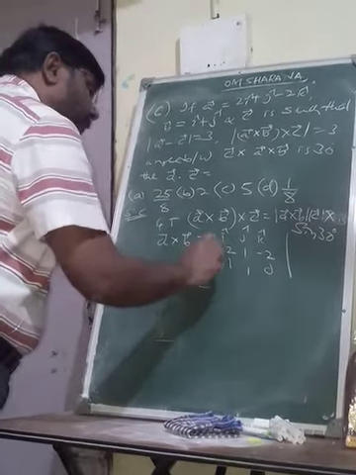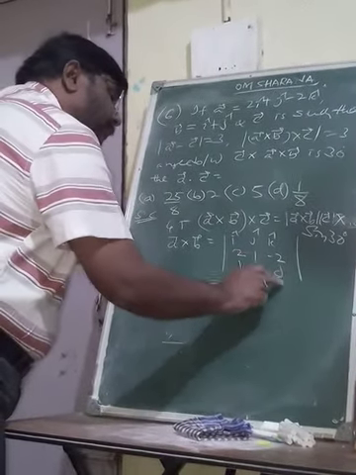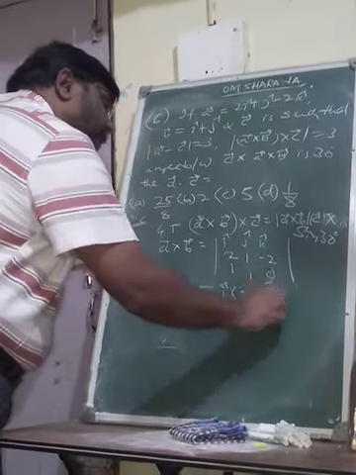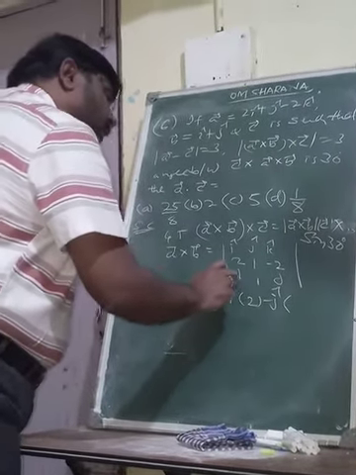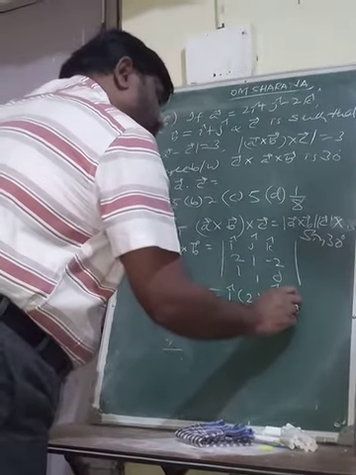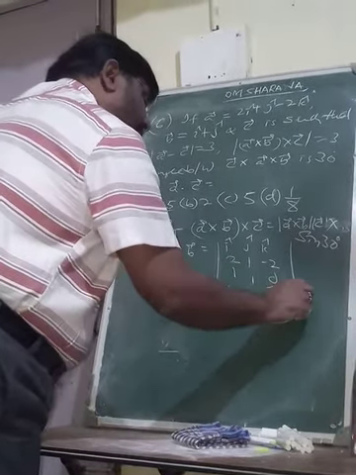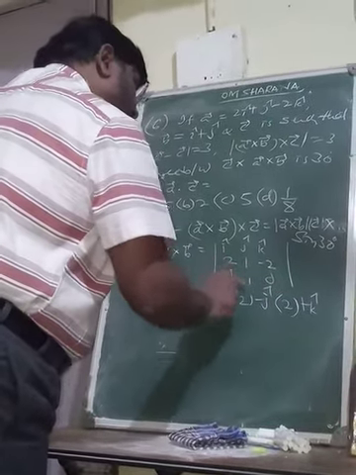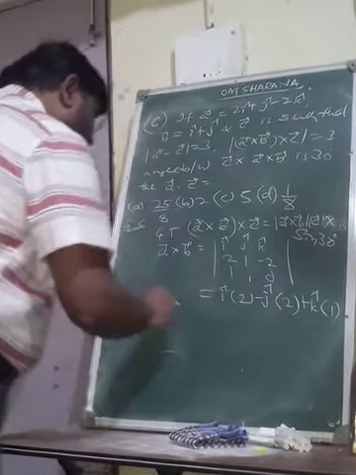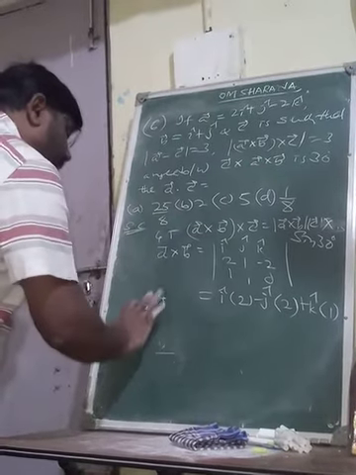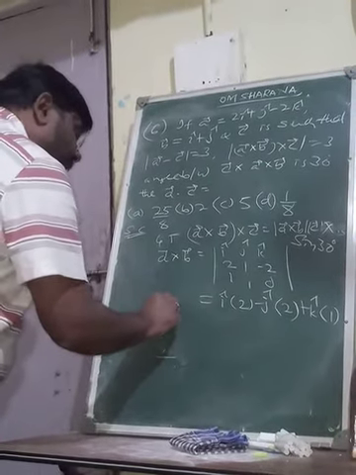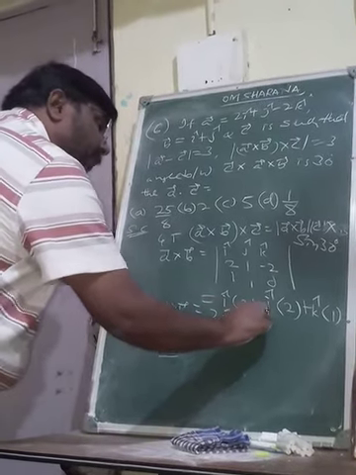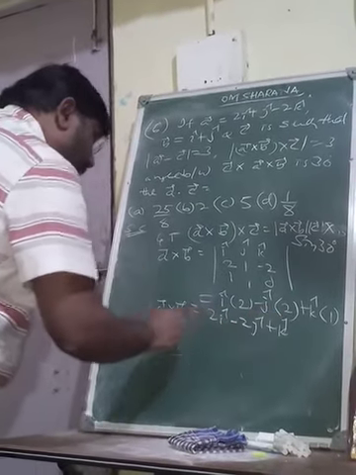Then the determinant will be i cap of (0 + 2), minus j cap of (0 + 2), and k cap of (2 - 1), which is 1. So the vector A cross B is 2i cap - 2j cap + k cap.